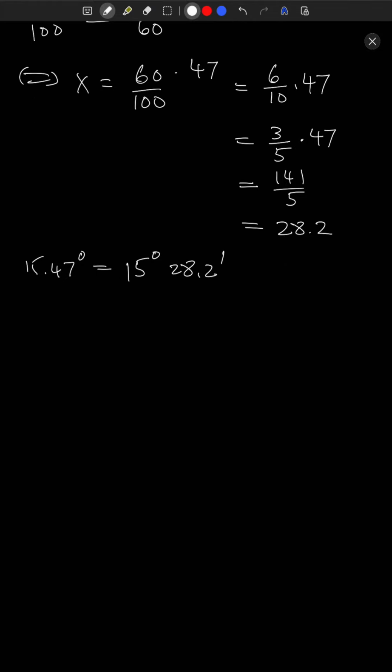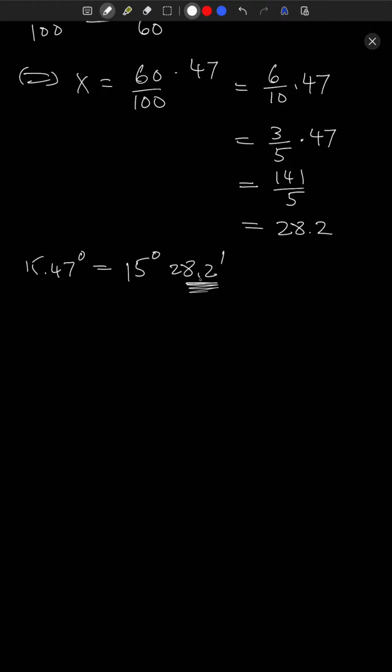Not so nice, right? Not a whole number. So what we can do is break this decimal, this 0.2, down into smaller units. Just like we break down minutes into seconds in terms of time, we can break minutes into seconds in terms of angle measurements as well.